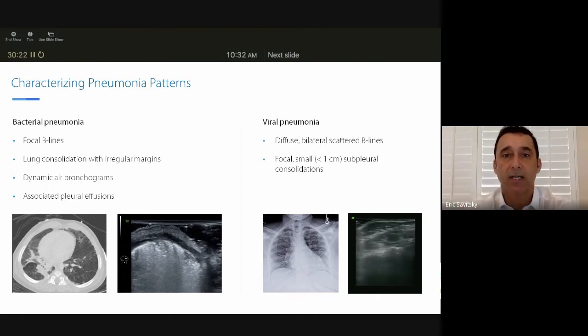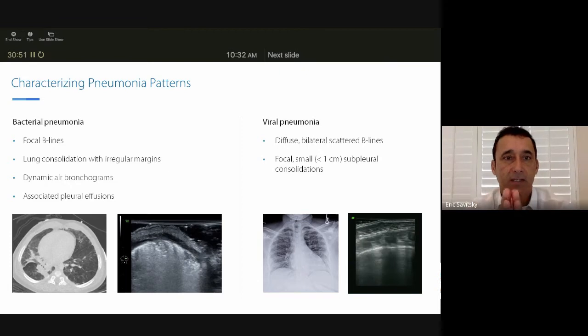With viral pneumonias, you tend to have an alveolar interstitial or interstitial syndrome pattern. We have diffuse B lines bilaterally. The severity of the B lines will correlate with the severity of the underlying disease. And if you do see subpleural consolidations, they tend to be focal, small, and less than a centimeter. When they looked at this, there's about an 82% interobserver agreement on being able to differentiate a bacterial pattern from a viral pattern.